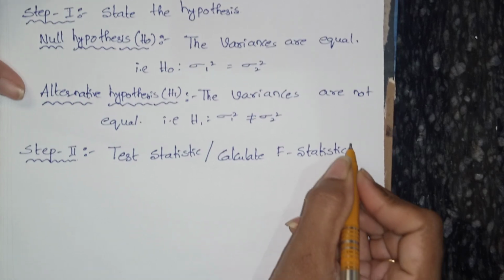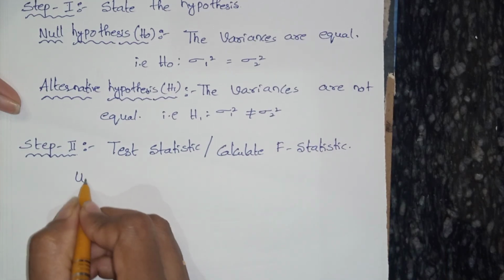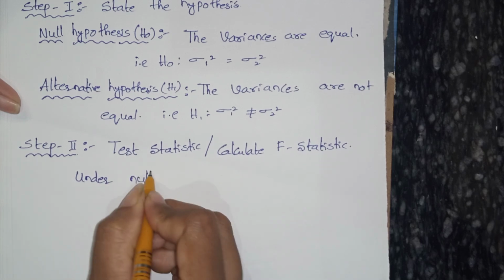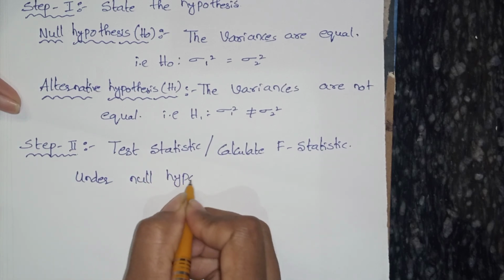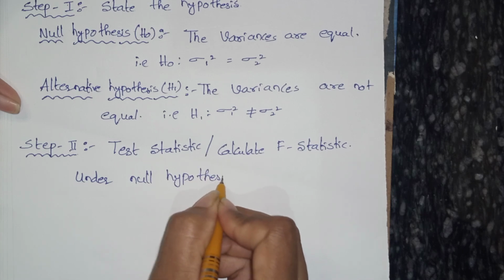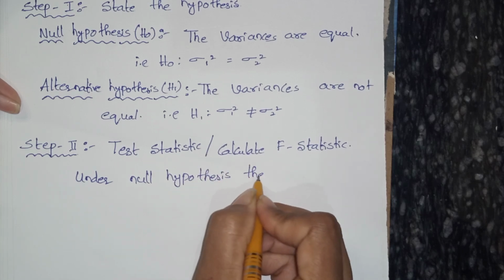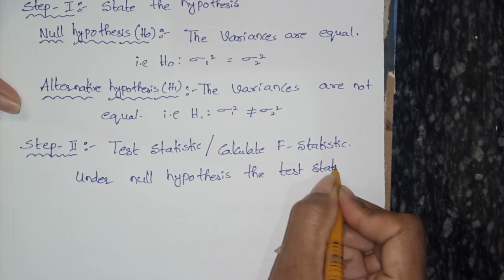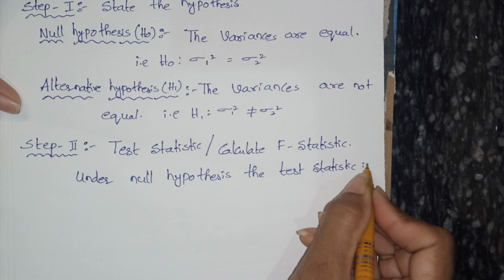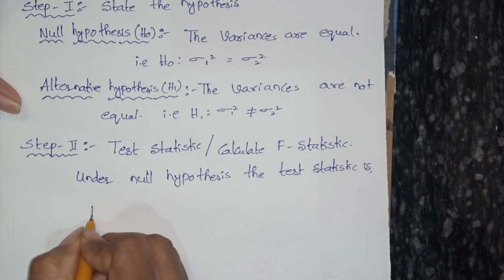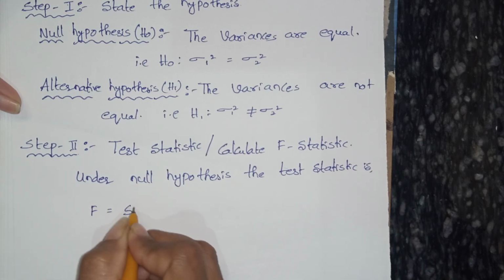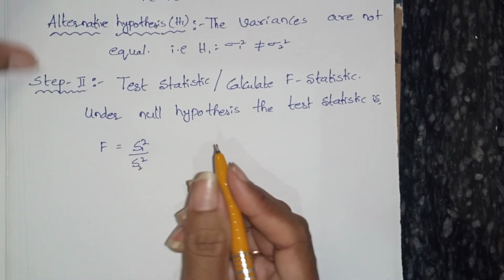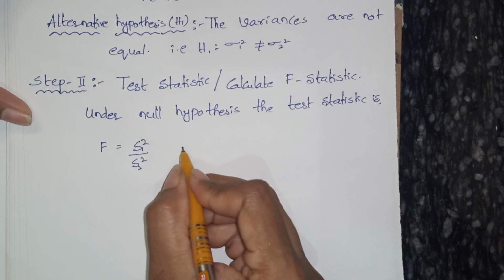Under the null hypothesis, the test statistic is F equals S1 square by S2 square.